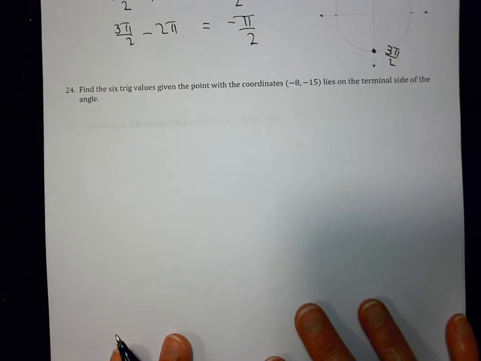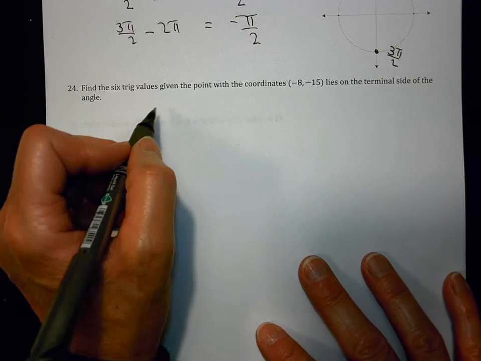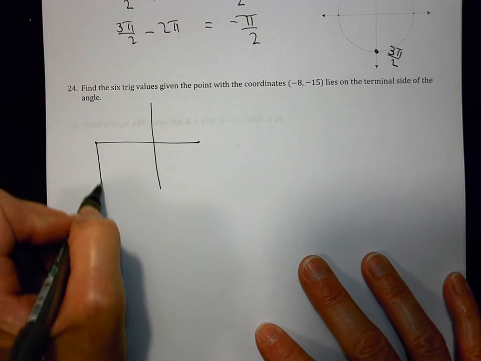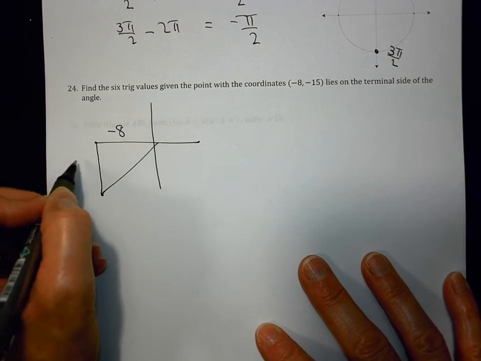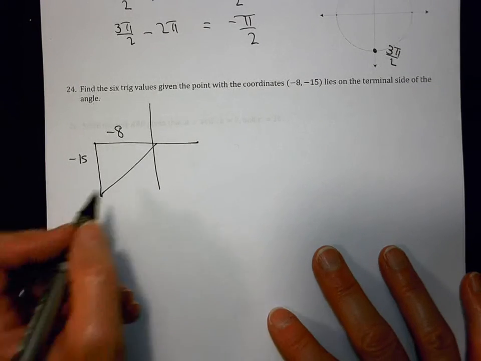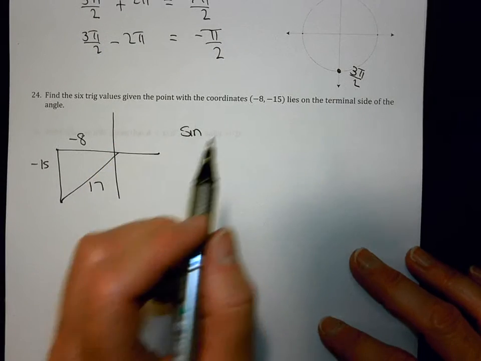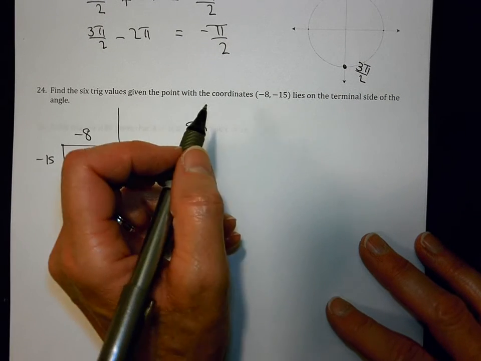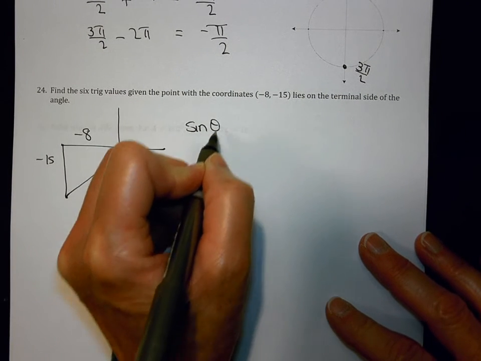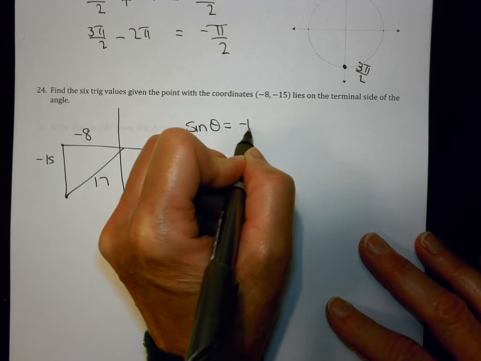The 6 trig functions, again, we're going over and down. So negative 8, negative 15, you use Pythagorean theorem, and you just find your x, y's, and r's, which are your opposites, adjacents, and hypotenuses. So sine is negative 15 over 17.